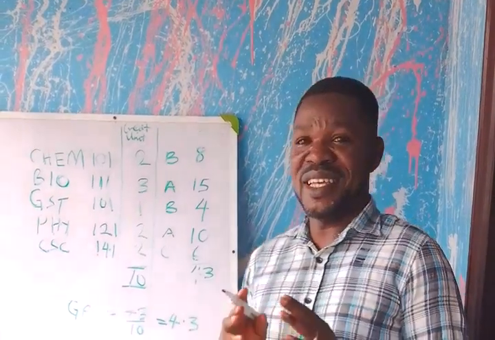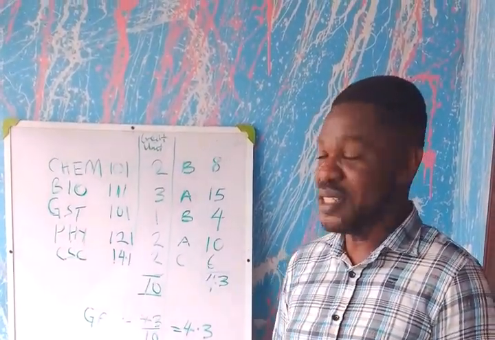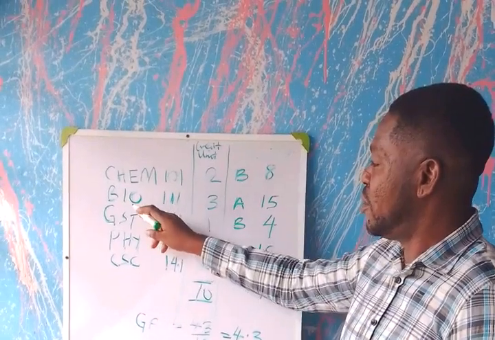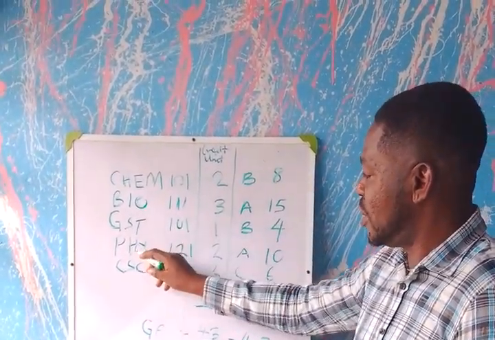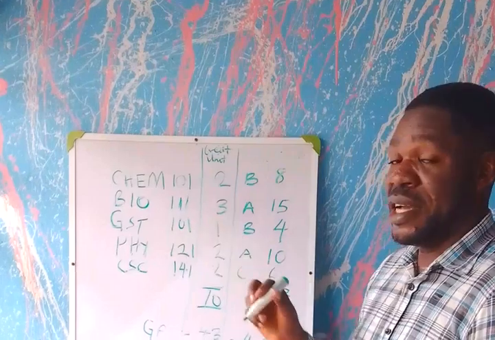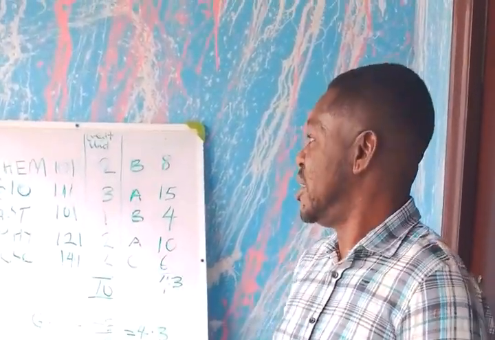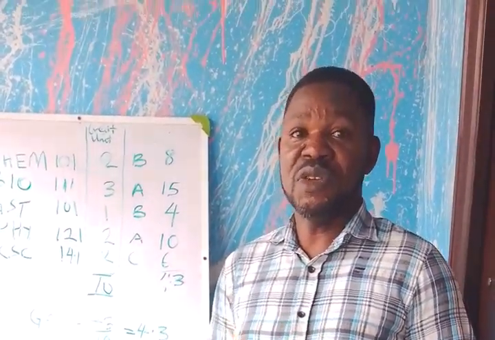Let's assume that in this particular semester you offered a total of 5 courses, and these 5 courses are Chem 101, Bio 111, GST 101, Physics 121, CST 141. Then I remember telling us some days ago that there is credit unit that is attached to each of those courses.